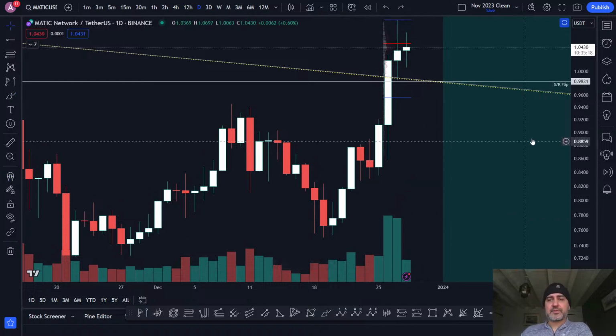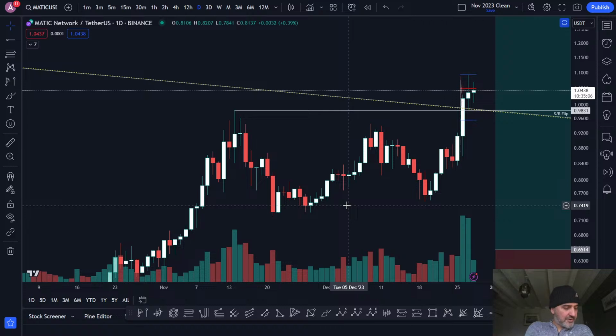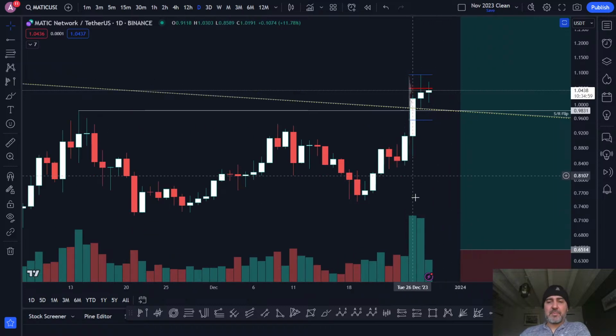So they failed. That's how the candles work: the bears and the bulls take turns, they're all trying to prove themselves, and ultimately they're trying to push the price and close it as far as they can. That tells you the story, and then you match that with the volume.